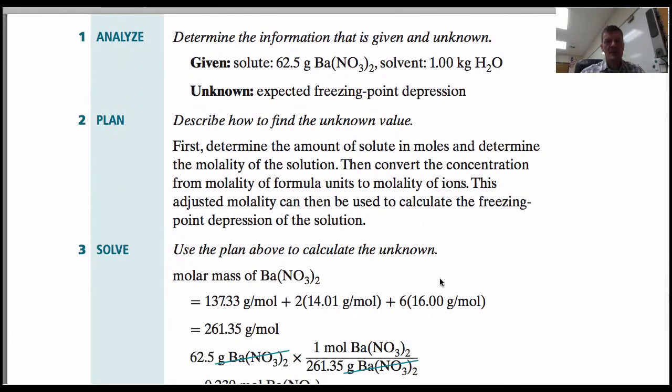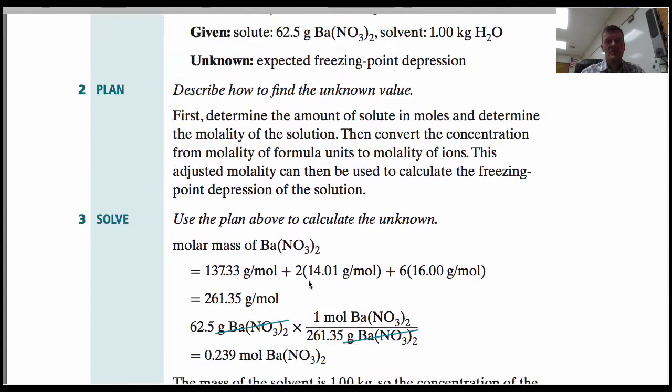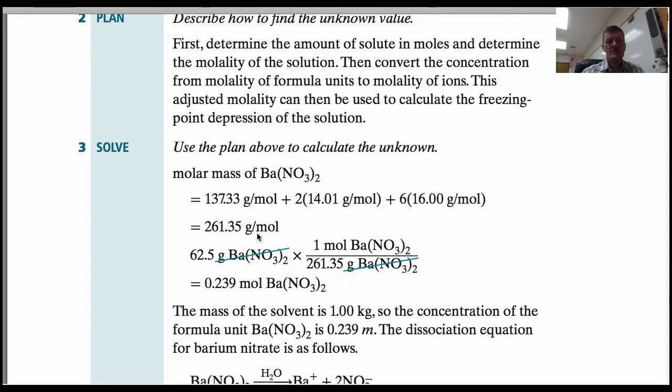So that's what happens right here, ladies and gentlemen. Everything is the same. This is 62.5 grams of barium nitrate. This is an ionic compound, metal, nonmetal. Notice 1 barium, and then the nitrate, you have 2 of those. This is going to break apart into 3 ions. All right, so down here, we are going to find the moles of barium nitrate.